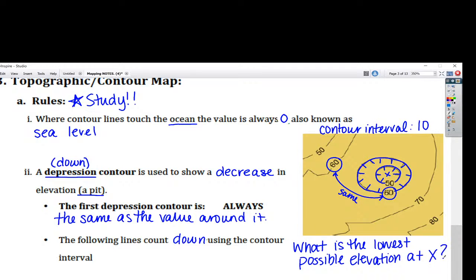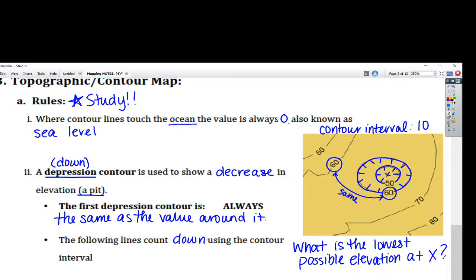Now we're going to use the rule we just said. 1 more than the next lowest contour line. So before we can answer that, can someone tell me, if I wanted to make this hole deeper, I got out a shovel and I kept digging, what would be the next value of a line inside the hole? Okay, if I drew another hole in the center inside the 50, what would be the value of that line? Camden? 40, exactly.